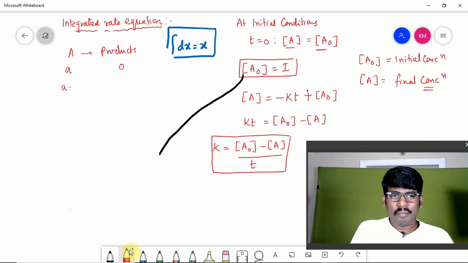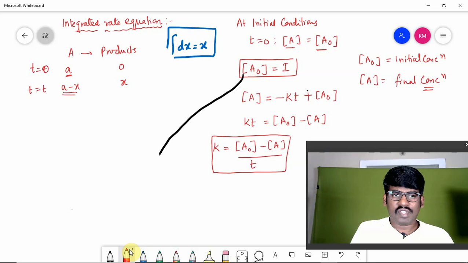So A minus X, some amount will be decomposed, and it also gives X, right? At T is equal to 0, initial concentration is A. At T is equal to T, the final concentration will be A minus X.